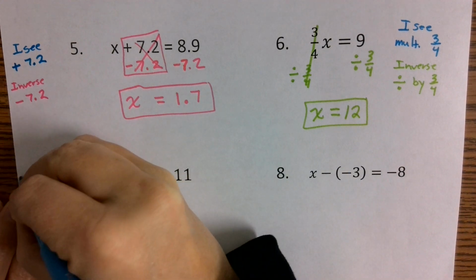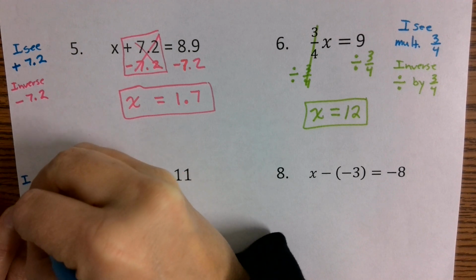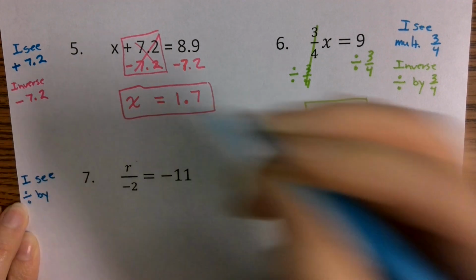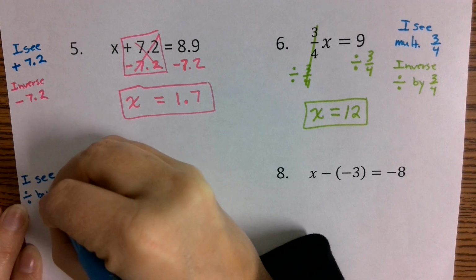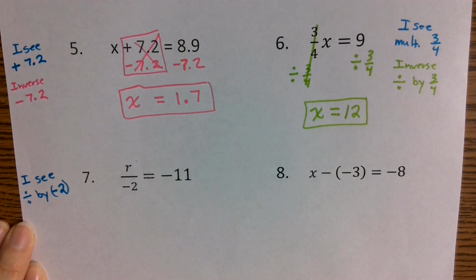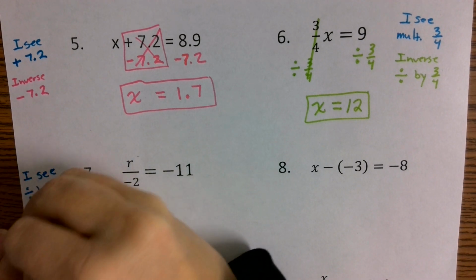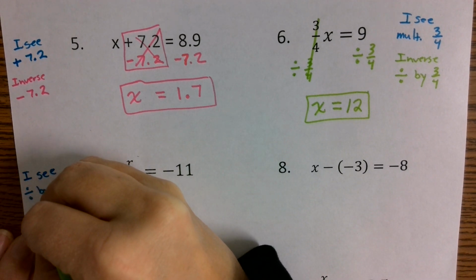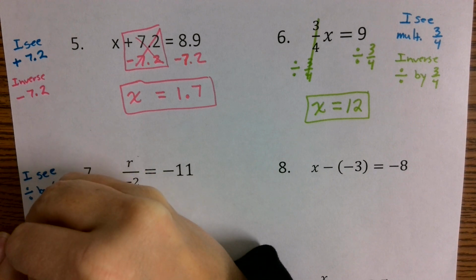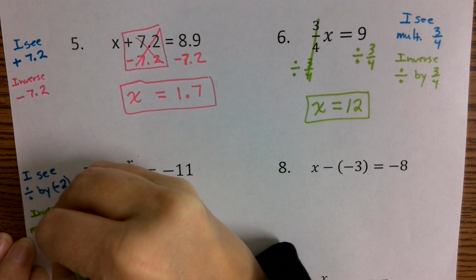So I see that I am dividing. I see division by a negative 2. So what's the inverse of division? Multiplication. So my inverse is to multiply by negative 2.